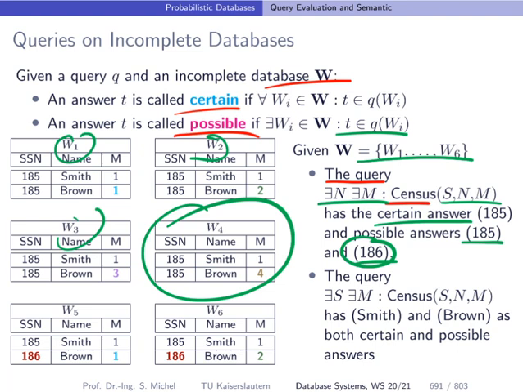In a different query here, we have again the same table, obviously, and we're looking for n, that means a name. And then we see that Smith and Brown are both certain and possible answers, because no matter which table you're looking at, so which world you're looking at, Smith and Brown are always in the result.